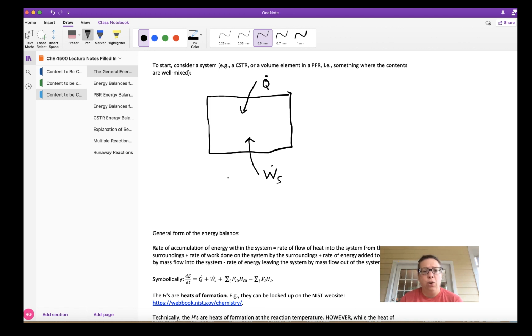Of course, there's flow work, but we're going to take care of that, since that comes in the mass flow. So we have mass flow coming in and mass flow coming out, and each component coming in is going to have an enthalpy associated with it. We'll say evaluated at in, and then coming out.